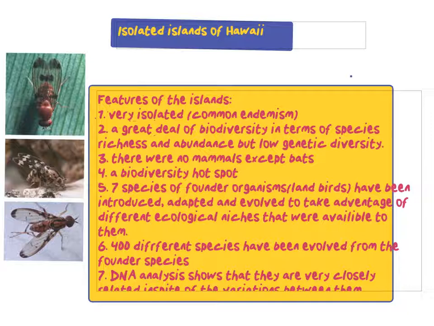By DNA analysis, scientists are now sure that they are very closely related. So even though we have so many different species and they vary morphologically, DNA analysis, or molecular phylogeny, has proved that they are all related to each other in spite of the variations between them.